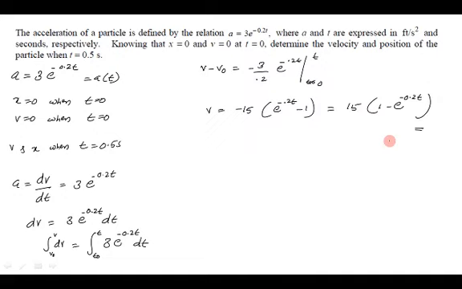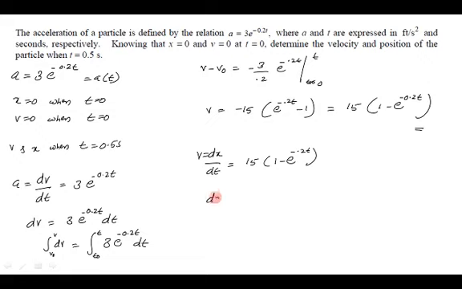Fine. So now let us obtain an expression for distance. I know the initial distance at time t = 0. We know the relation between velocity and distance and time is v = dx/dt, which is 15 into (1 minus e to the power minus 0.2t).